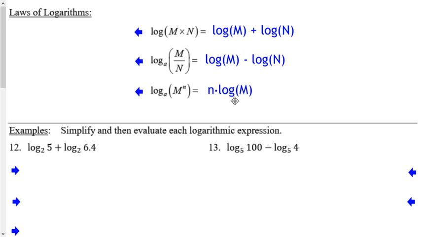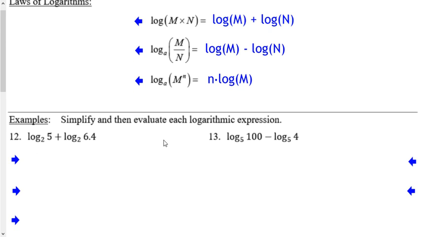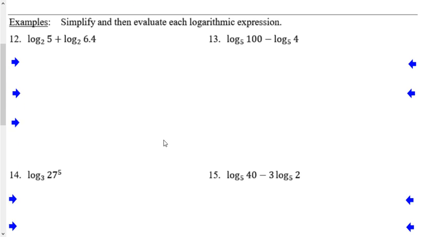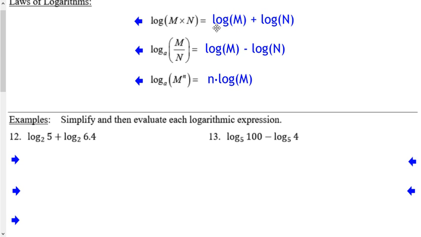Here's how we make use of these laws. We want to simplify and then evaluate each of these logarithmic expressions. So simplifying would mean that we want to write it as a single logarithm and then evaluate to see what it's equal to. Here I'm adding two logarithms base 2. Well, I look up here, when I'm adding two logarithms with the same base, I can multiply the arguments.